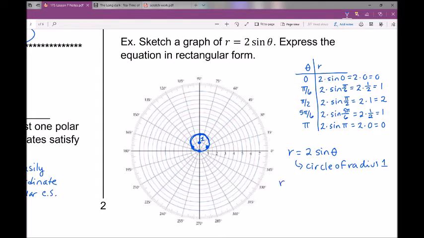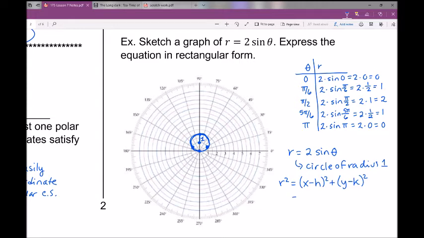So we have r squared is equal to x minus h squared plus y minus k squared. And so if we look at the center of our circle, in rectangular coordinates, this would be the coordinate 0, 1, because we are on the positive y-axis and we've gone up 1 unit.